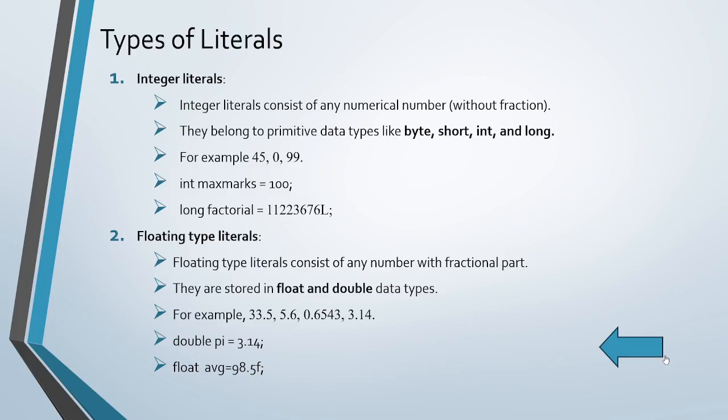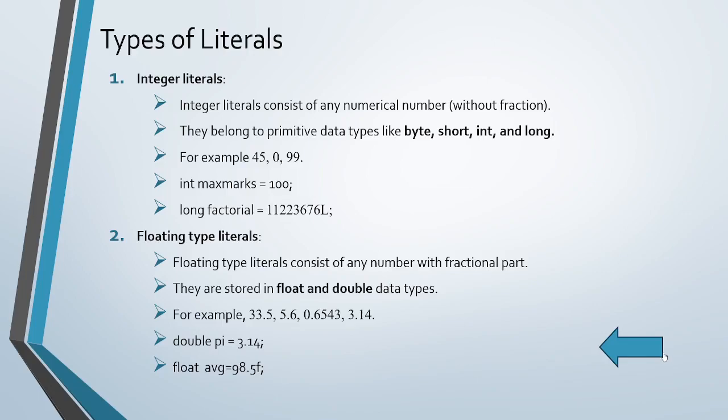So double is the data type, pi is a variable equal to 3.14. This is one variable which is storing a fractional number. Second, float average = 98.5f, which will be explained in data types.